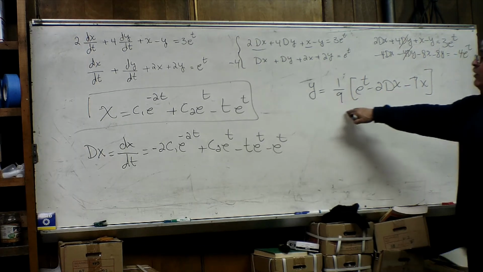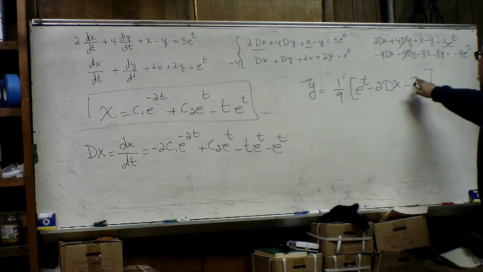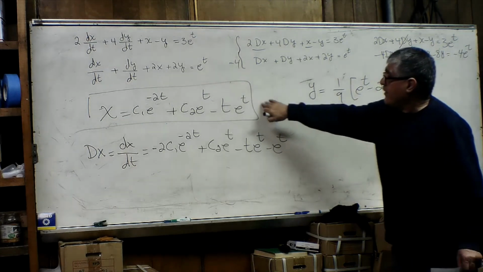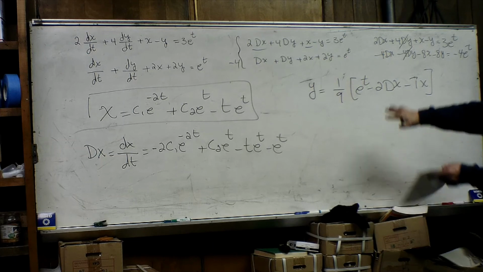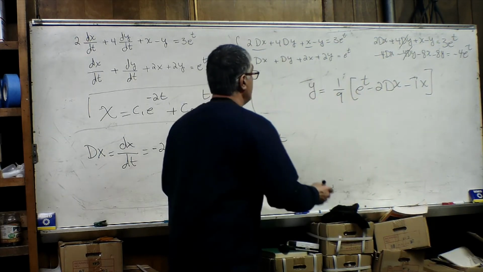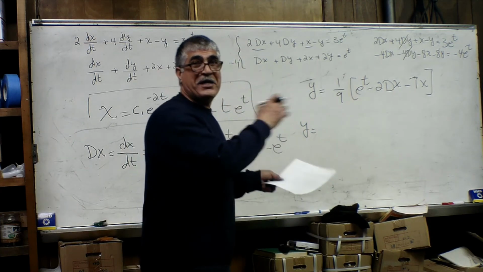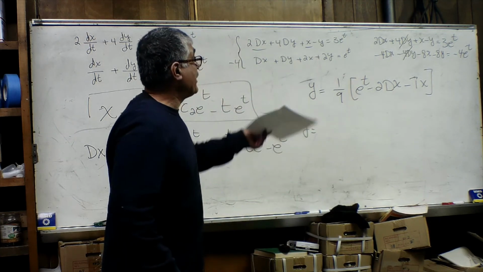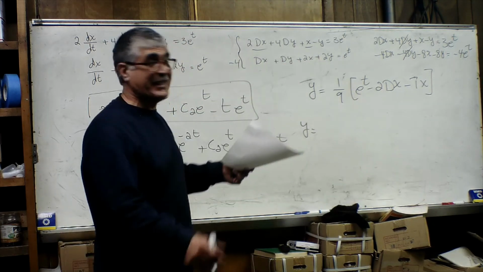Now in this equation, we have the value for x, which is that, and dx, which is that. If we plug those values in, you have to be careful, don't make a mistake in addition, subtraction and multiplication in basics.